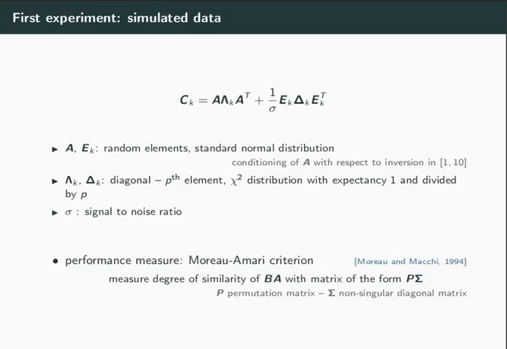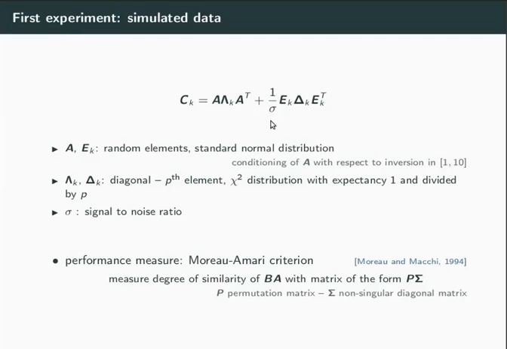The first experiment we did with these criteria is on simulated data, and we simulated some sets of positive definite matrices according to this model. So we have some target matrices, the mixing matrix here, and some added noise with a signal to noise ratio parameter here.